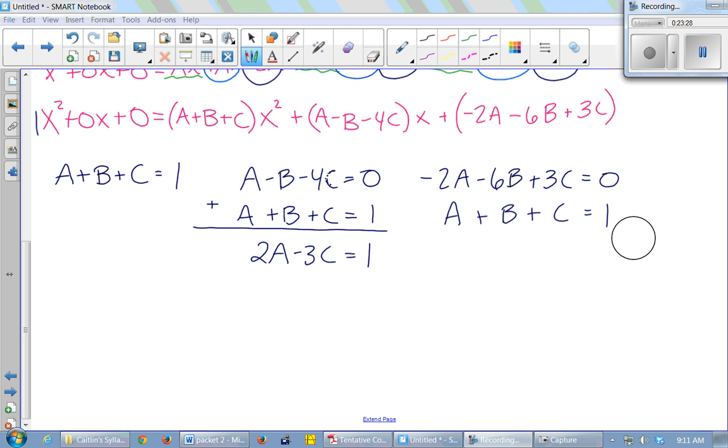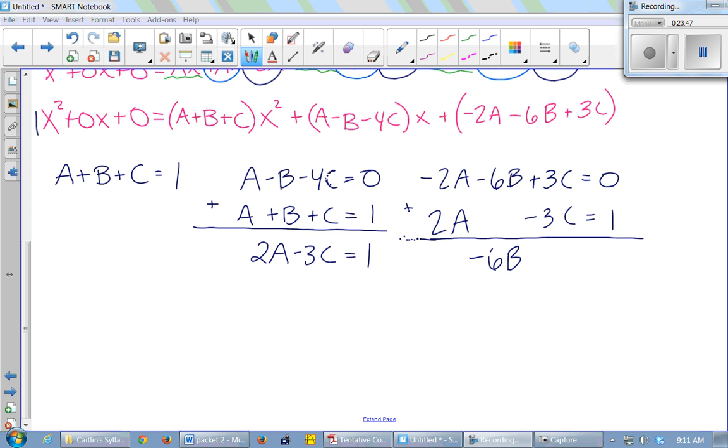Oh, the 2a minus 3c. Oh, yeah, because look, I have a minus 3c there and a plus 3c here. Great. And minus 2a. Good. 2a minus 3c equals 1. Add those together. 2a's drop out. I have minus 6b. The 3c's drop out. Equals 1. Divide both sides by 6, and we get b is negative 1/6.